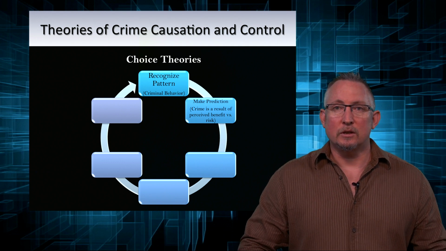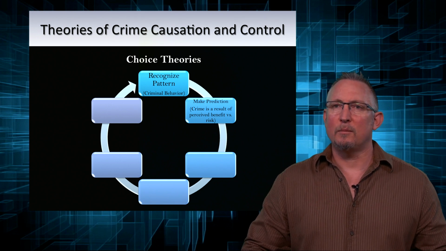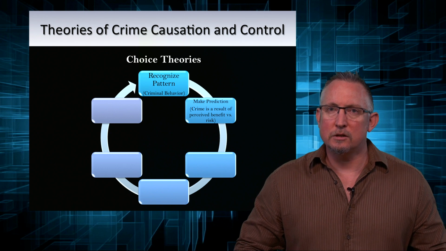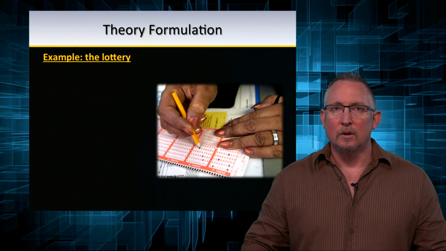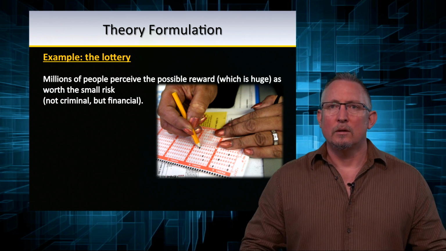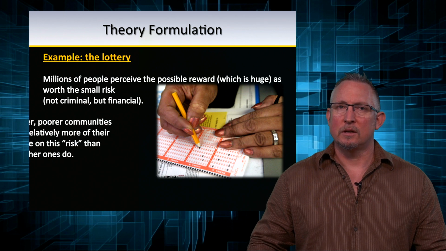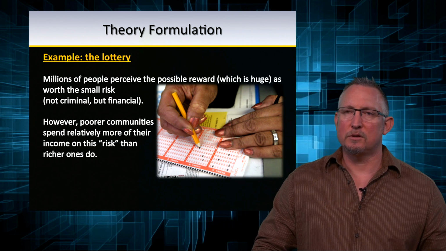We make a prediction, right? Crime is a result of perceived benefit or reward, or in this case, we're not talking about crime, but lottery purchasing as a result of perceived benefit versus risk. Millions of people perceive this reward, which is huge, as worth a small risk. However, poor communities spend relatively more of their income on risk than richer ones do.